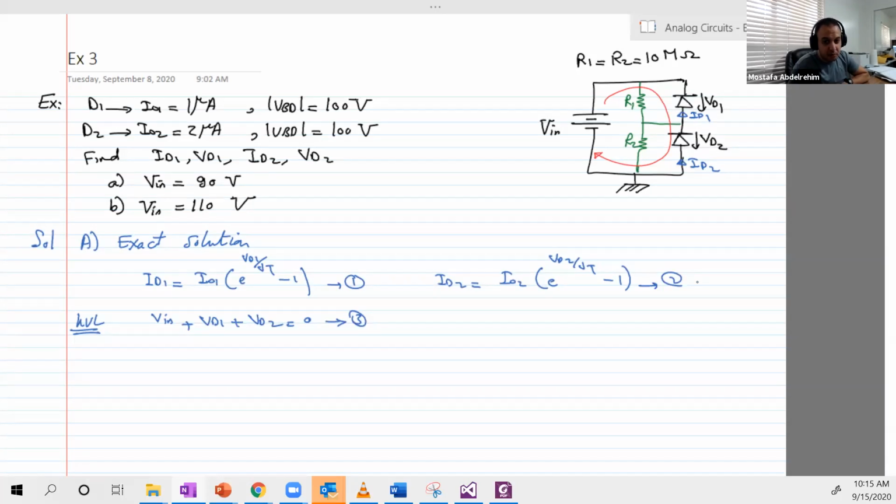Now, can someone tell me where the 4th equation will come from? The 4th equation in the previous example, without these resistors, was that ID1 equals ID2 equals I, for example. But how about with these new resistors? What should be the 4th equation?